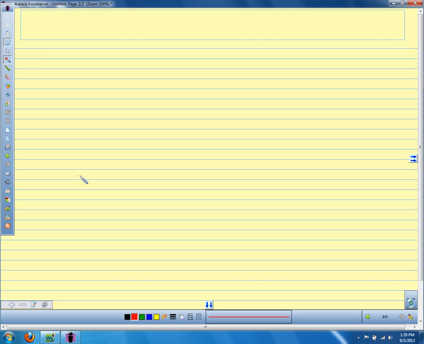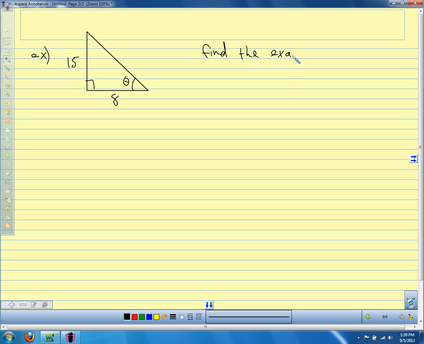So our example is, if we have this triangle, there's our angle, and we know that this side is 15 units long and this side is 8 units long. The problem will say find the exact value of all 6 trig functions.